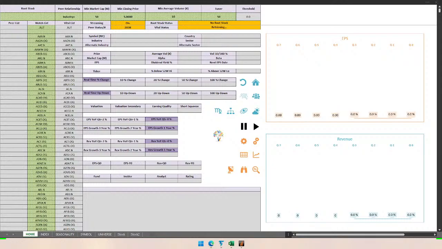In fact, while it is retrieving the data, and during the webinar it may take a little longer than usual, let's look at the market from a few other angles.